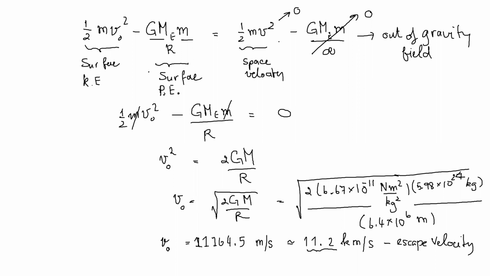Well, most satellites don't have this much velocity because they are still inside the Earth's gravitational pull. So this is not only the escape velocity of the Earth. For any celestial body, you can say that V escape is the square root of 2GM over r.